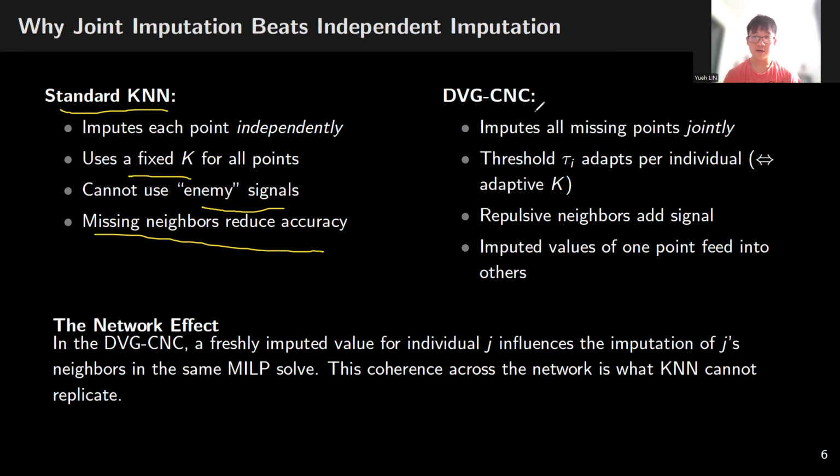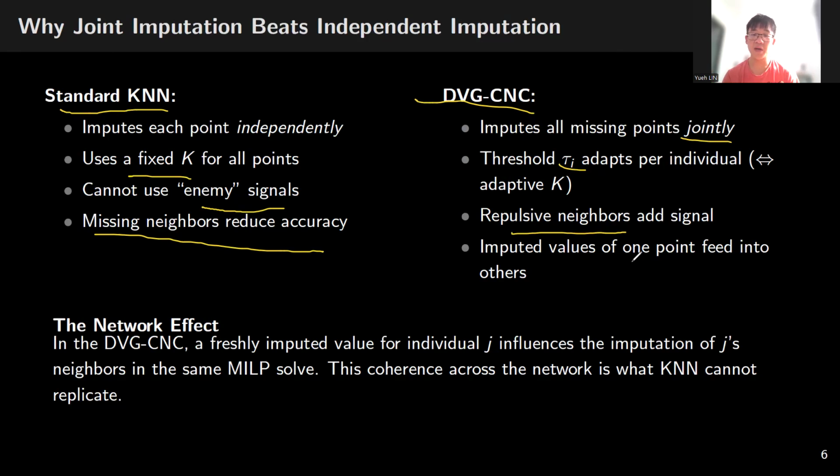But for the voting game model, we impute everything jointly, and the threshold adapts per individual. We have repulsive neighbors, part of the network, that can add additional signal to the data. And the imputed values can affect each other. So this propagation through the cluster is what KNN structurally cannot do.